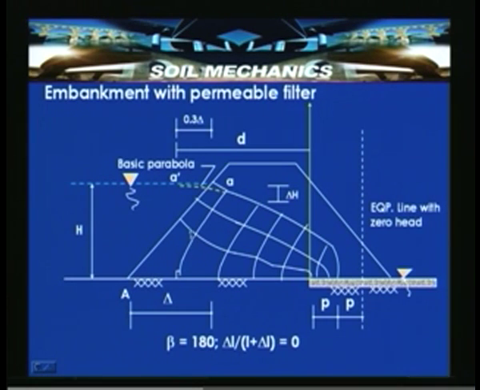So, the number of flow channels: channel 1, channel 2 and then channel 3. So, number of flow channels is 3, and then the equipotential drops. By estimating the number of flow channels and the number of equipotential drops, one can determine the quantity of seepage with the Rock-Toe filter. The basic merit of this solution is that it keeps the phreatic surface within the dam. So, it prevents endangering the performance of the structure against piping or heaving failure at the downstream level.